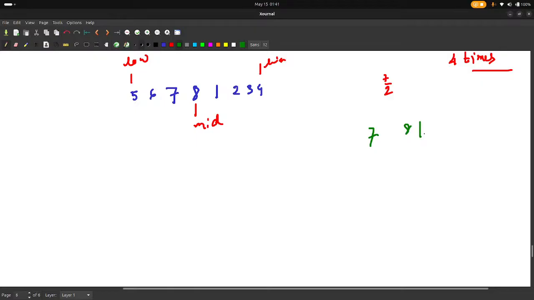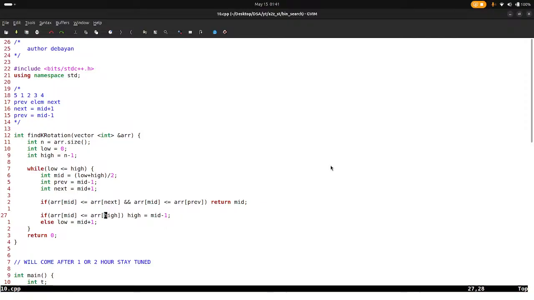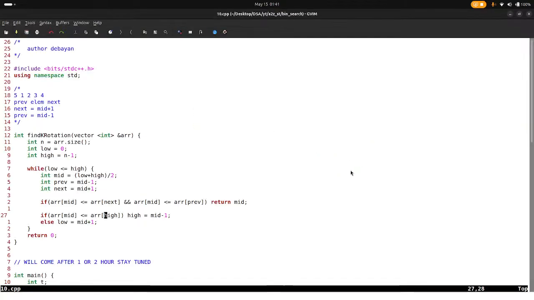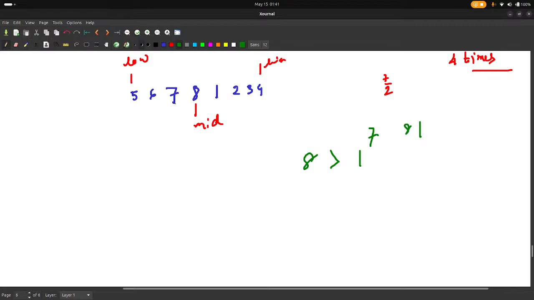So if this is true, when my mid is greater than the high, then I have to shrink to the high zone.